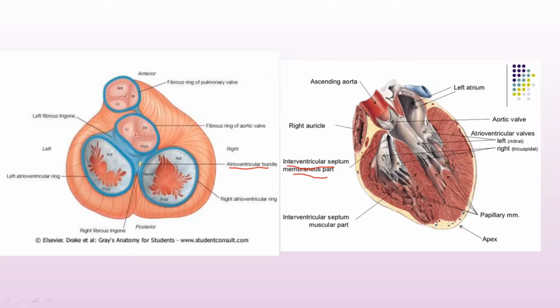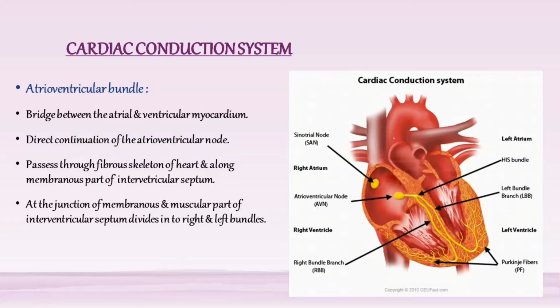These branches run on each side of the muscular interventricular septum, and then they ramify into the subendocardial plexus, or the subendocardial branches, which are also called Purkinje fibers. Now come to this picture again.